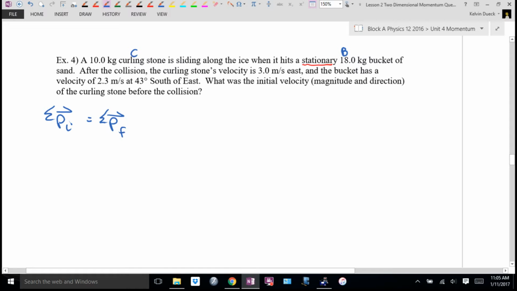Mass 1, mass 2, whatever works for you. Before the collision, what's moving? The curling stone, the bucket, both, or neither? Just the momentum of the stone initial? Wham! They collide. After the collision, what's moving? I think both, and I think separate.